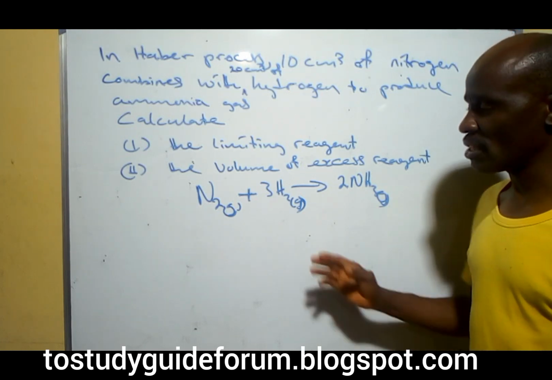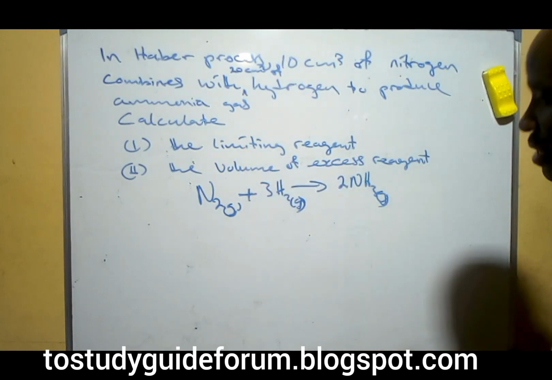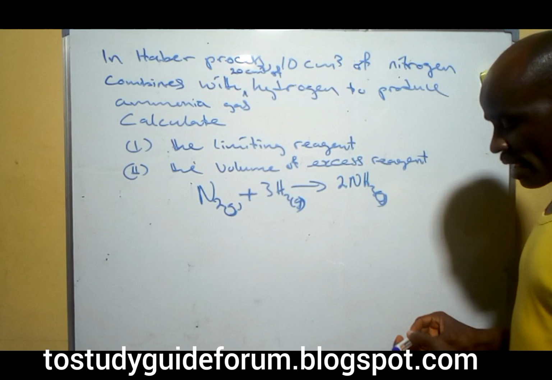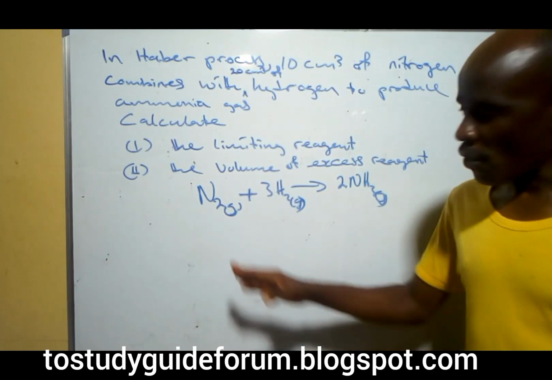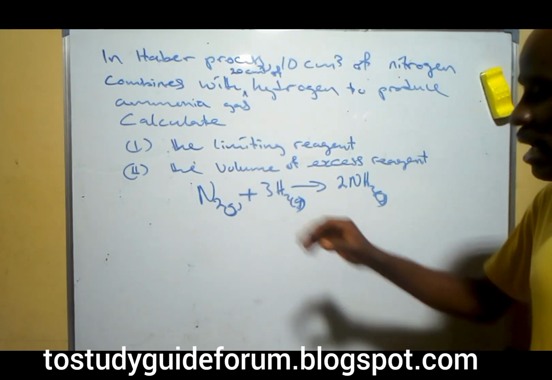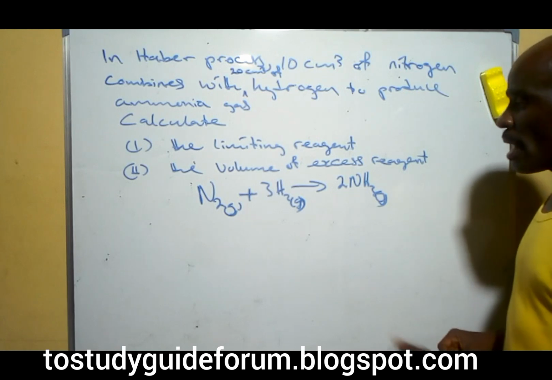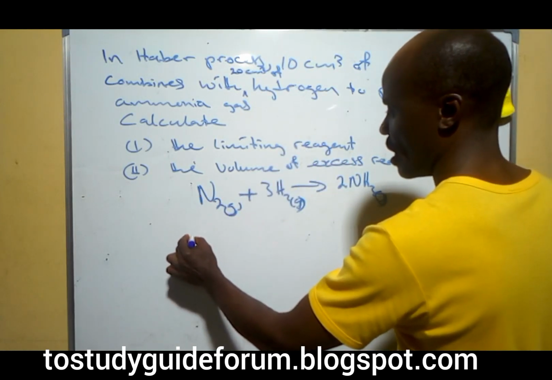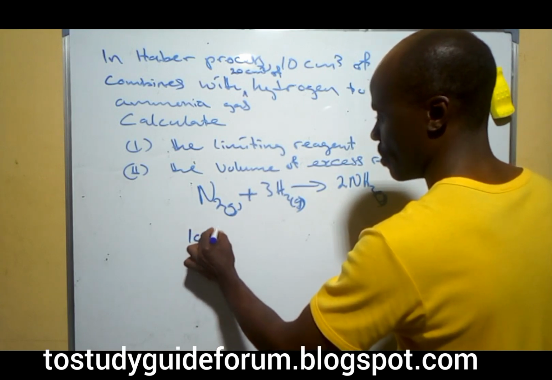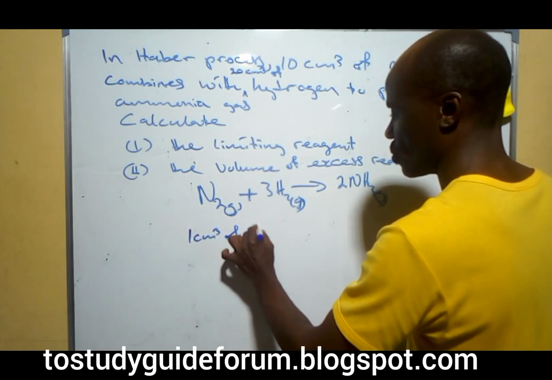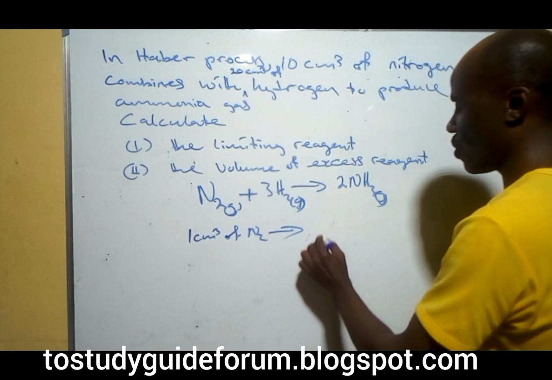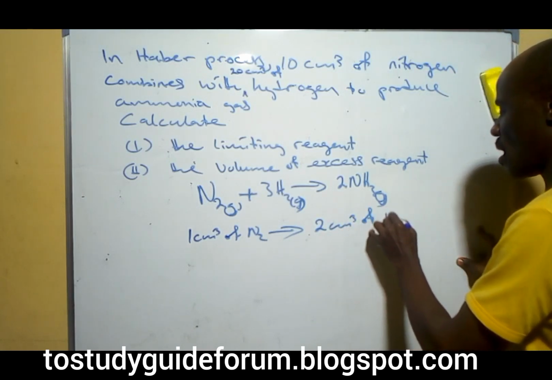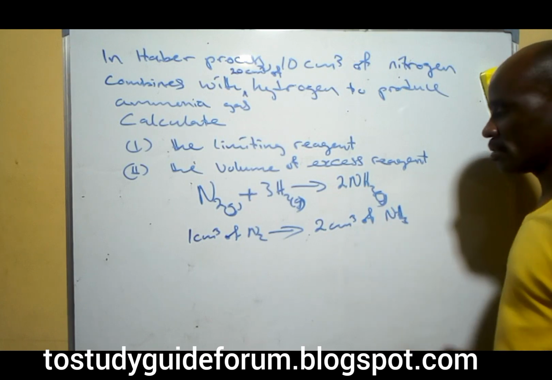So in this case, to calculate the limiting reagent, we find out the volume of ammonia that can be produced from each of them. From this reaction, 1 cm³ of nitrogen will give us 2 cm³ of ammonia gas.